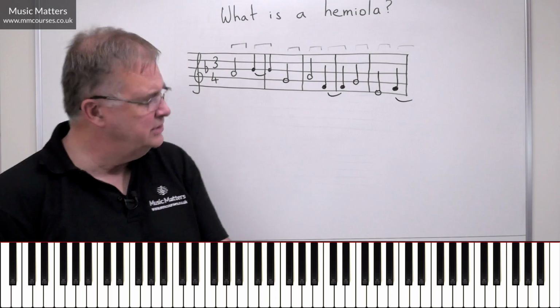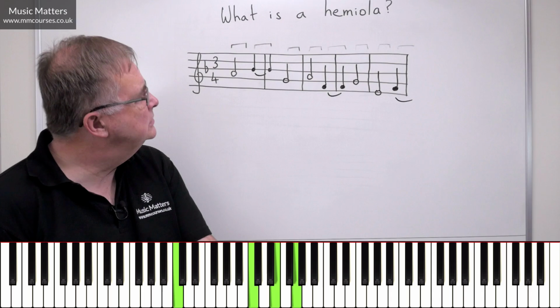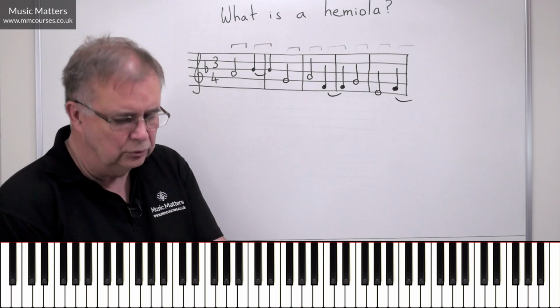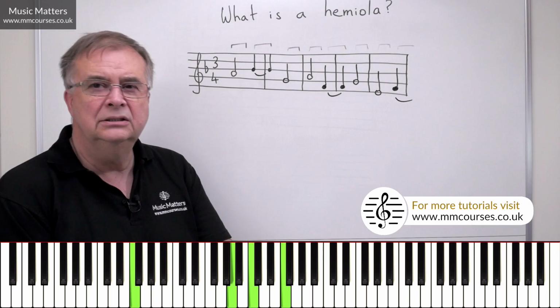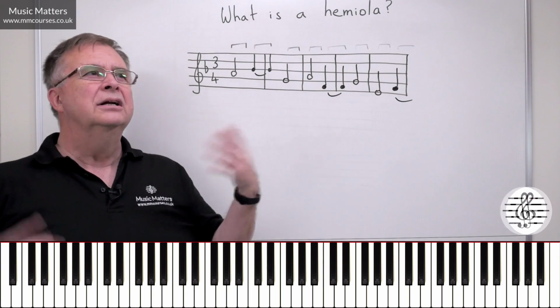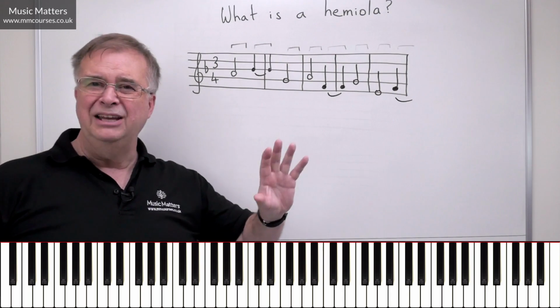If I play this, it could go 1, 2, 1, 2, 1, 2, 1, 2, going into the next bar. So it sort of temporarily feels as if there might be 2 beats in a bar. They're not, it's just a feeling of that.